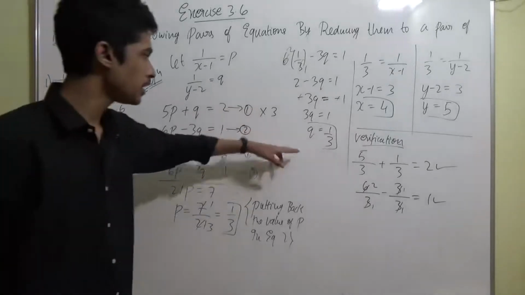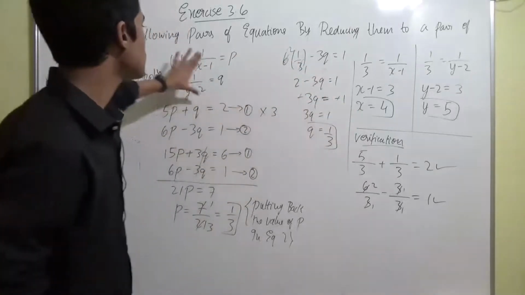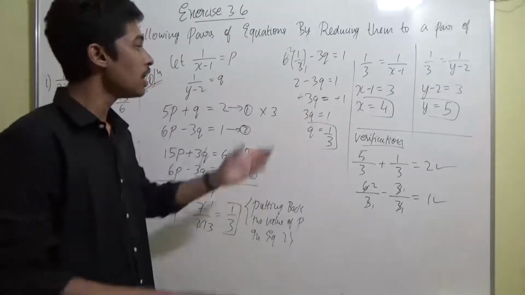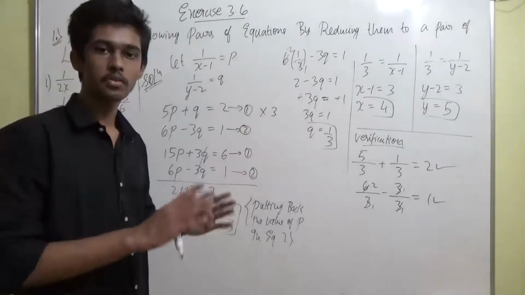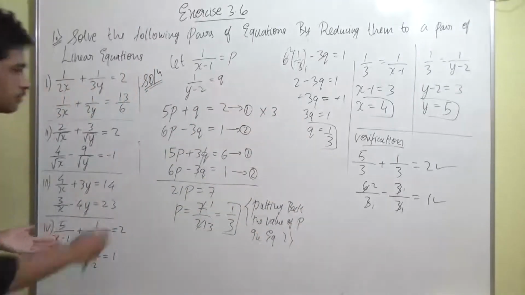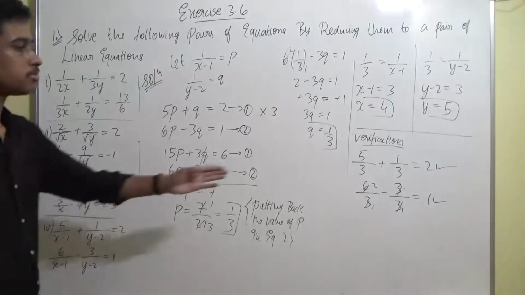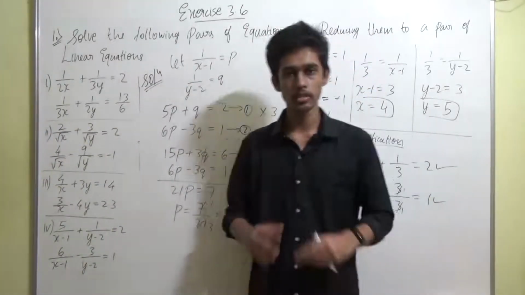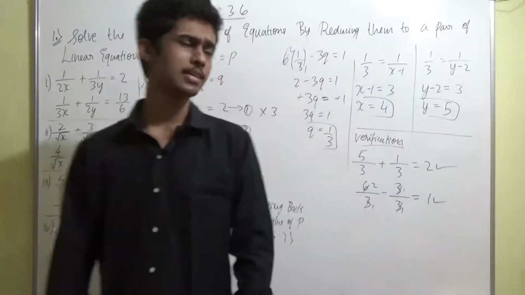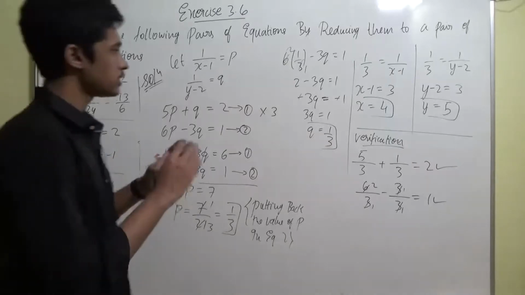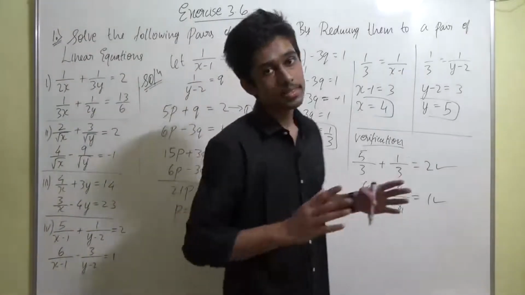After finding p and q, we equated them back to the assumption step where we found the values of x and y by cross multiplying. After finding x and y, the last step which we always do is substituting back into the main equation and verifying that LHS comes out equal to RHS. It came out equal to RHS, hence it is verified. So the question is done, guys. As simple as that. So the first 4 sub questions of the first question are done.